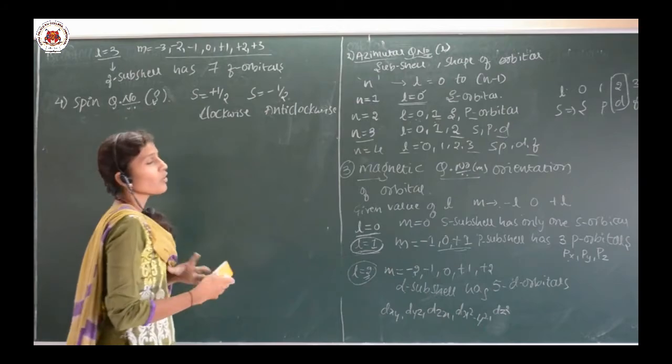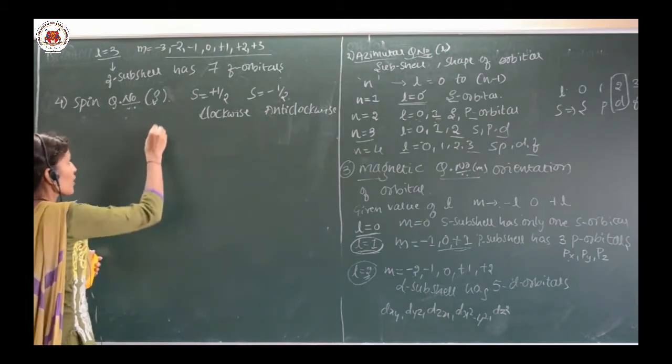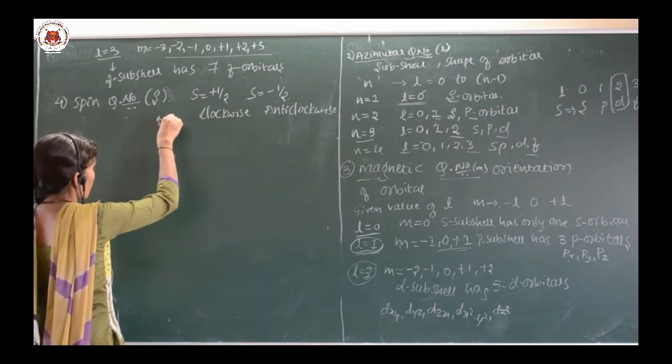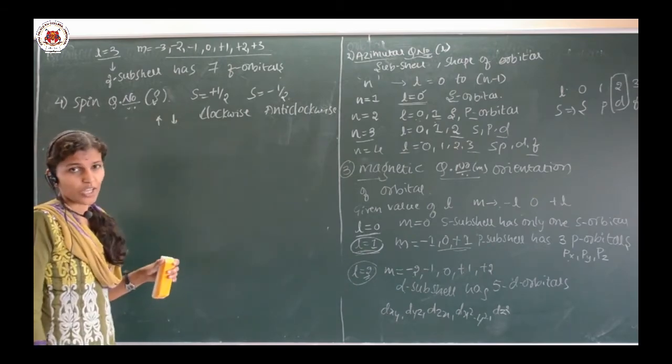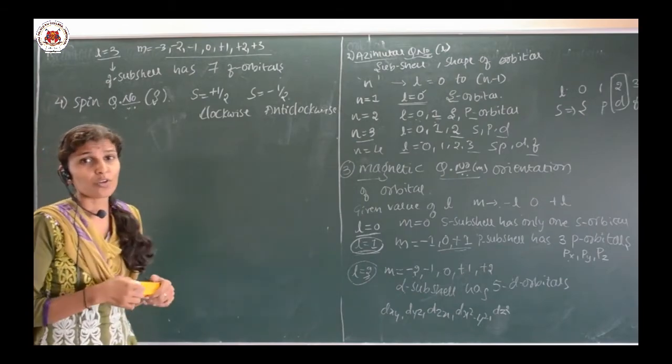While writing, for the symbolical representation, we are going to use arrows like this, clockwise and anti-clockwise. So, this is how we can explain the 4 quantum numbers.